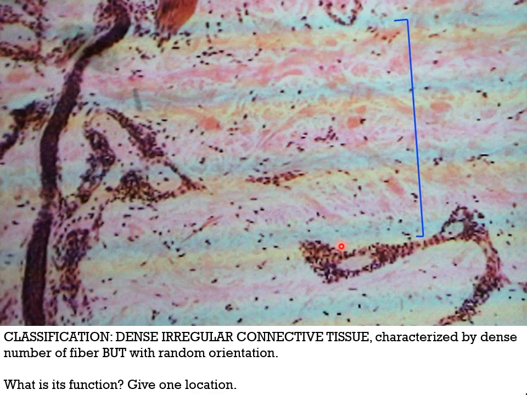Next naman is your dense irregular connective tissue. Bakit dense? Walang masyadong space as compared to your loose connective tissue. Wala kang masyadong nakikitang space. And then irregular kasi irregular ang kanyang orientation. Magulo. Okay? Random yung orientation ng fibers.